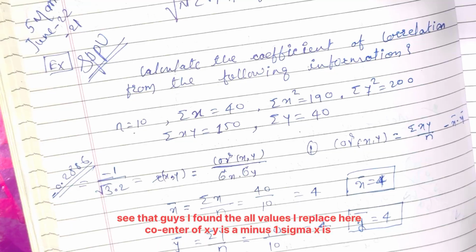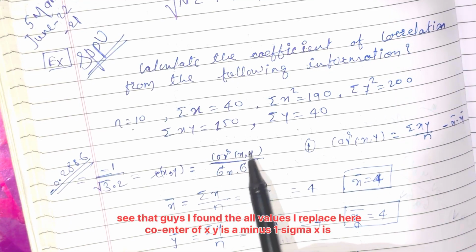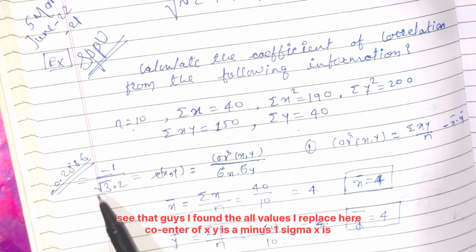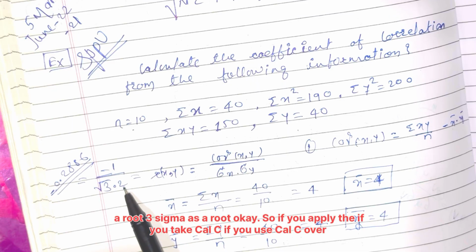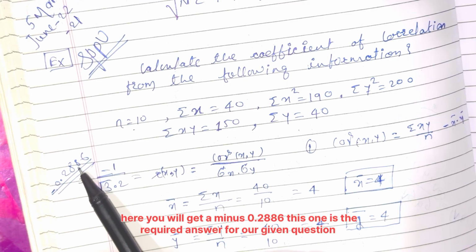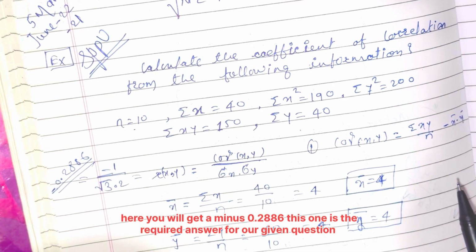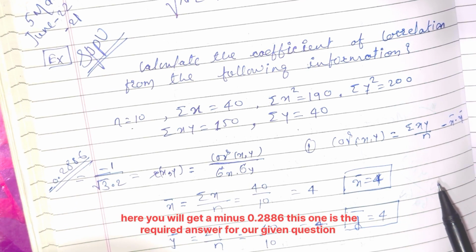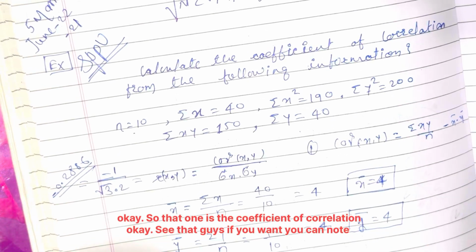Now see guys, I found all the values. I replaced covariance of xy as minus 1, sigma x as root 3, sigma y as 2. If you use a calculator over here, you will get minus 0.2886. This is the required answer for our given question, the coefficient of correlation.